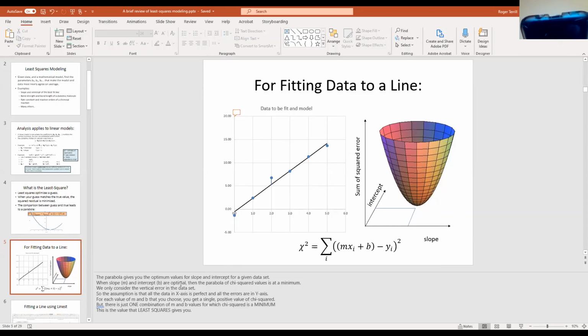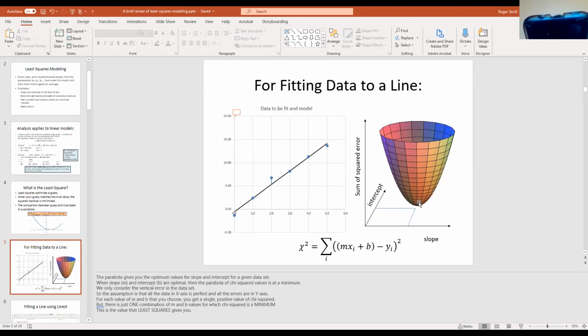And so you can show that chi-squared, if you plot it as chi-squared versus intercept and slope, gives you a parabola of revolution.